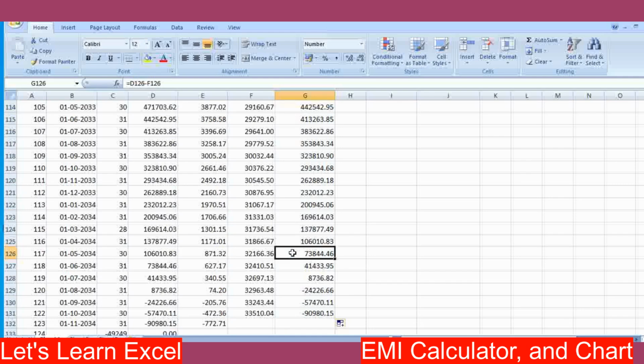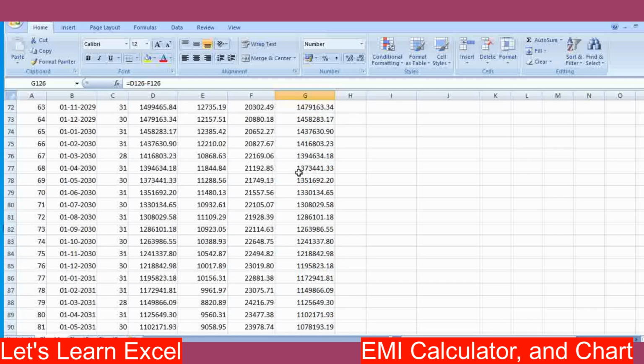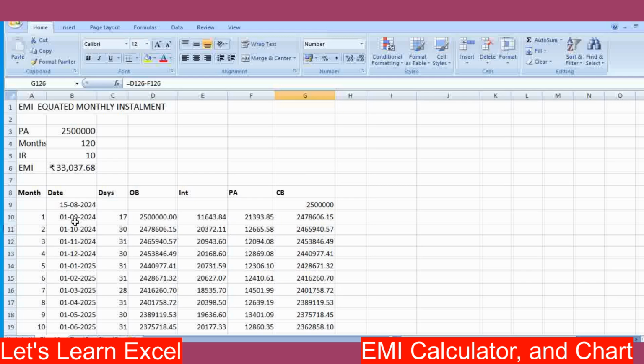Right. Okay, so now we have copied all the formulas, all the cells required. So for the month of October, again it will become 30 days. September is 30 days.